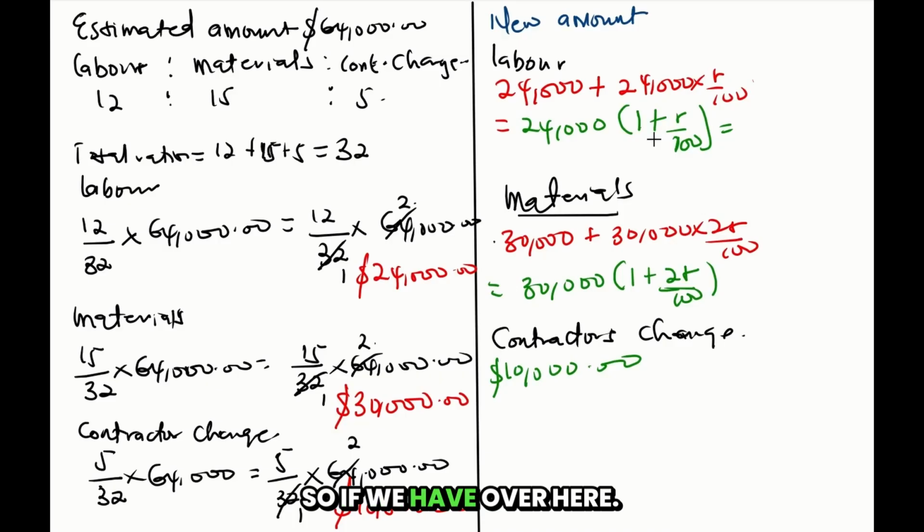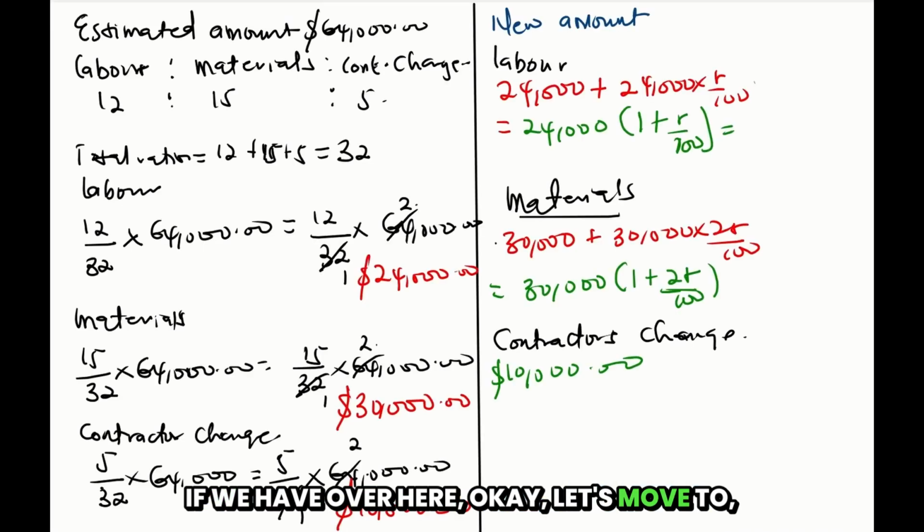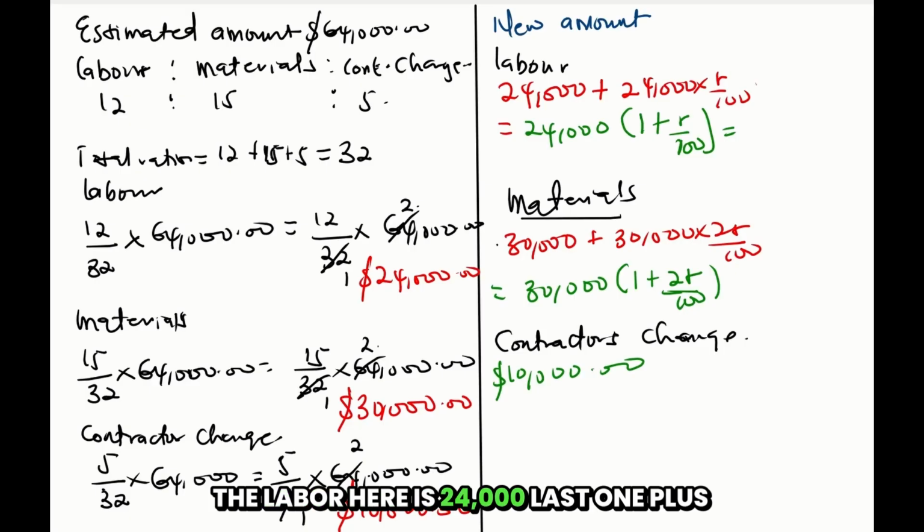So if we have over here the cost of materials, which is given to us by, okay, let's put it here. We've been given the relation that the cost of materials has been increased. The labor here is 24,000 plus 1 plus.